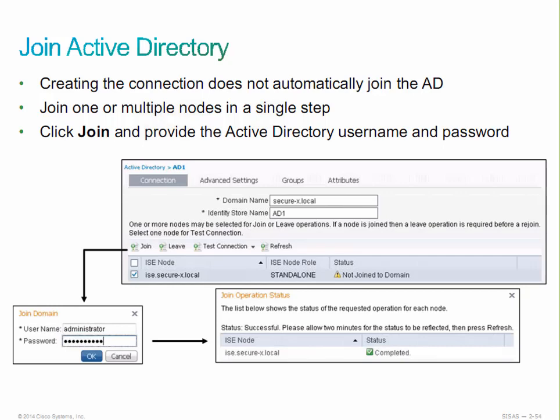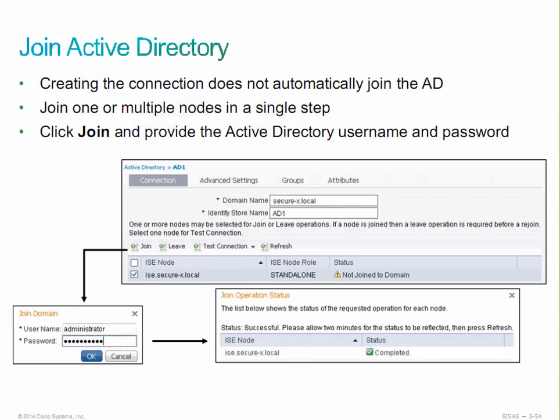We're going to go in and specify or join the Active Directory domain. We've submitted the configuration already. We have to click Join to actually connect the ISE server to the Active Directory domain. You do have to manually perform a join operation for each PSN that you want to be connected to the AD.